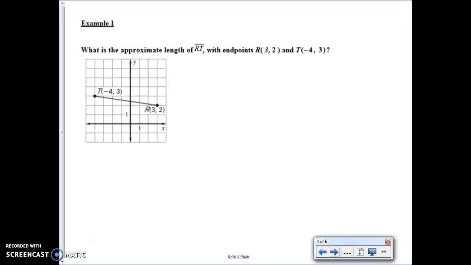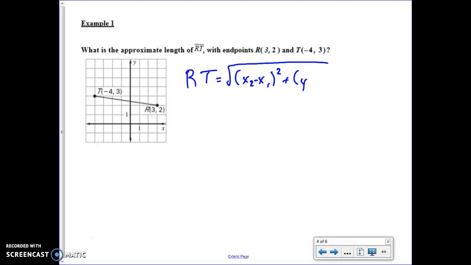Okay, so let's see how we can use that. We want to know the approximate length of RT if we know the endpoints are (3, 2) and (-4, 3). So we're just going to plug that into our distance formula. So RT, no bar on top, equals big square root. Now remember our formula, I'm going to write out first, is x2 minus x1, quantity squared, plus y2 minus y1, quantity squared.